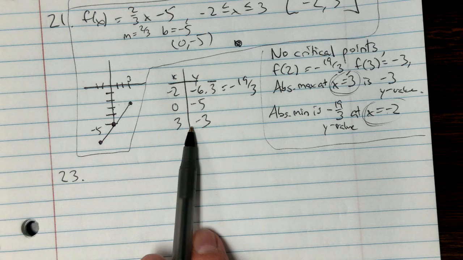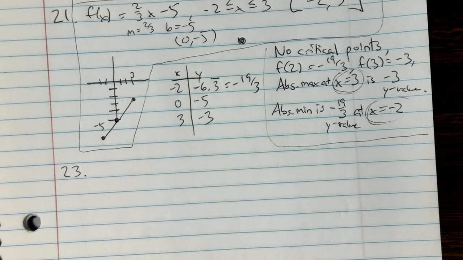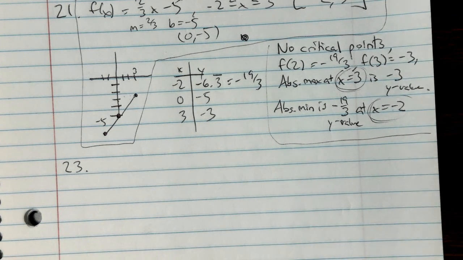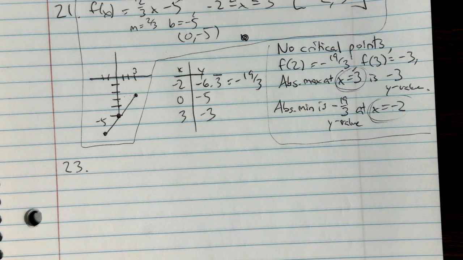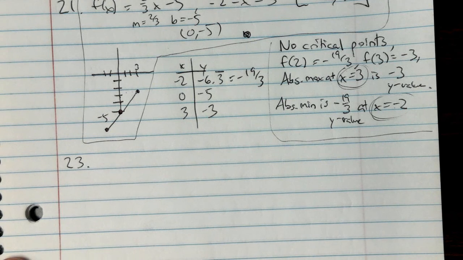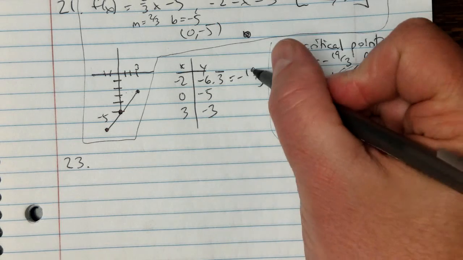The table would be helpful, but I know sometimes y'all use your calculator for that. But again, we needed the exact value, and don't round it to a decimal. That'd be frustrating if it would count negative 6.3 wrong.